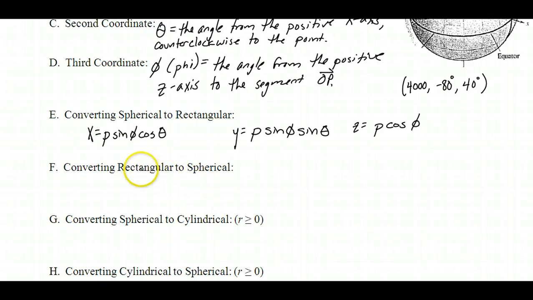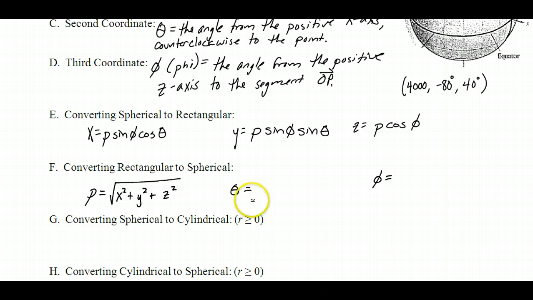If we have to convert from rectangular, so we have x, y, and z, and we want spherical, we need rho, theta, and phi. Rho is equivalent to the square root of x squared plus y squared plus z squared. Theta is still arctangent of y divided by x, so that's pretty nice.